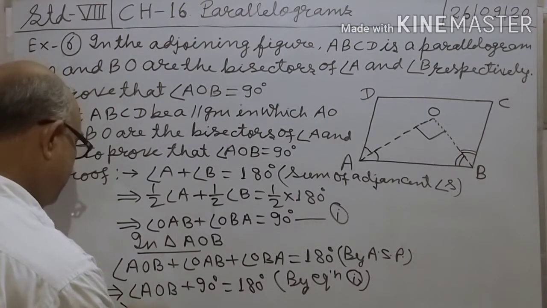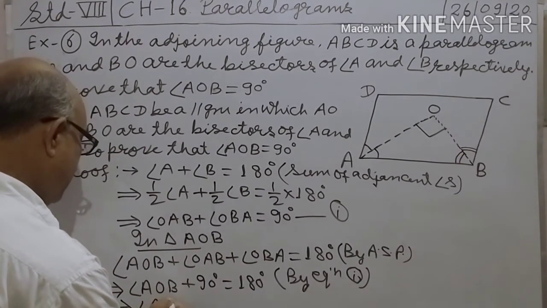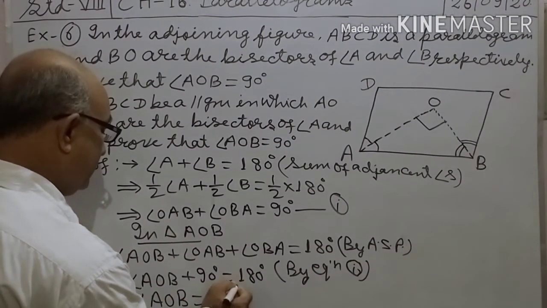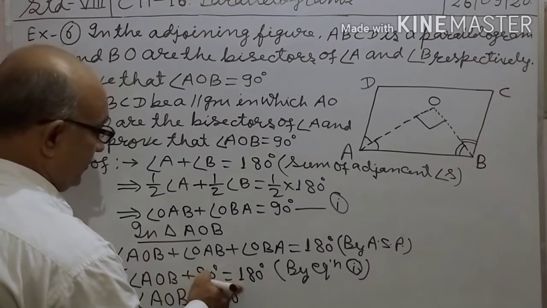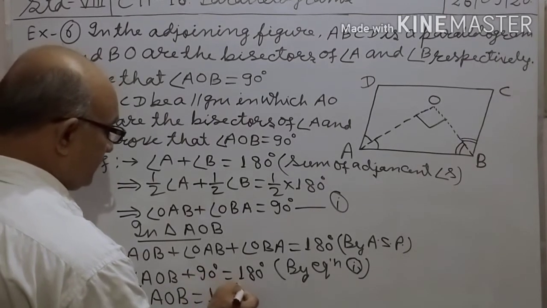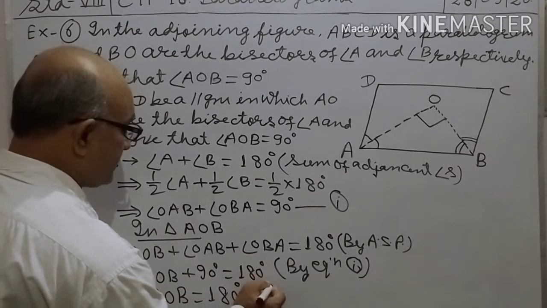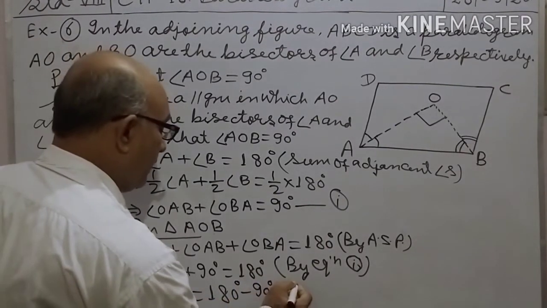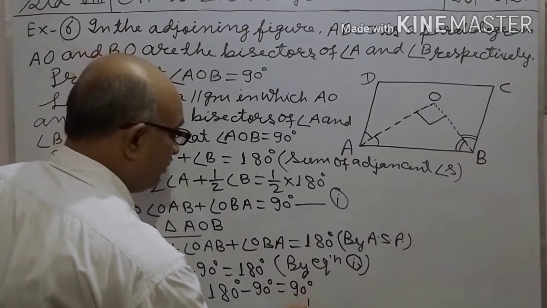That implies angle AOB equal to 180 degree minus 90 degree equal to 90 degree. Proved.